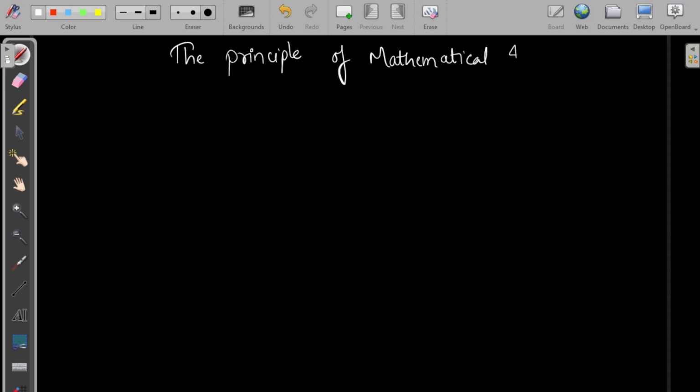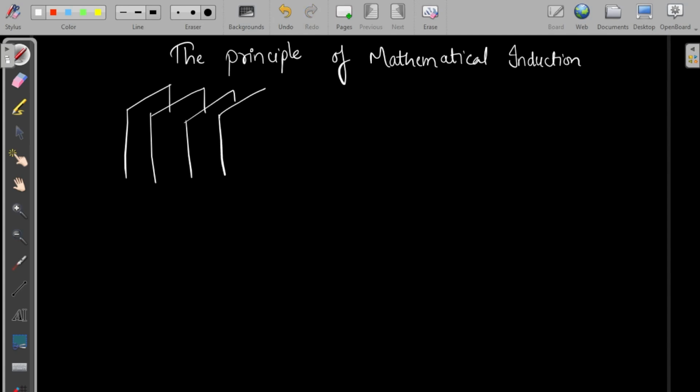Before we start learning the formal definition of PMI, which is the principle of mathematical induction, I want you to imagine a row of 100 dominoes standing one after another. Somewhat like this. And so on, 100 of them.